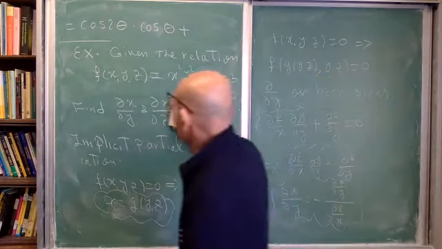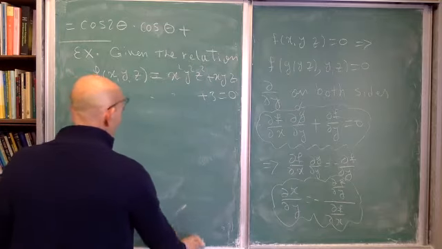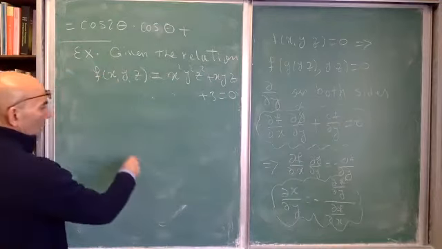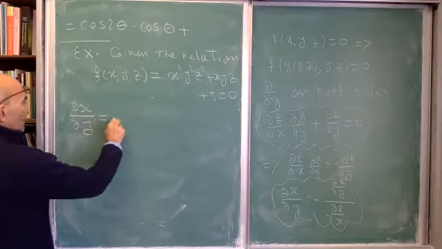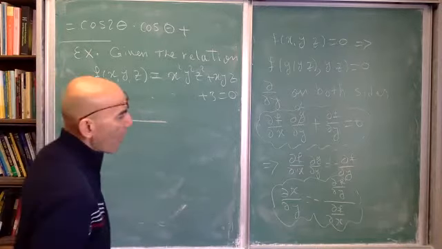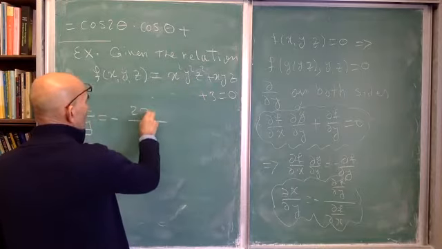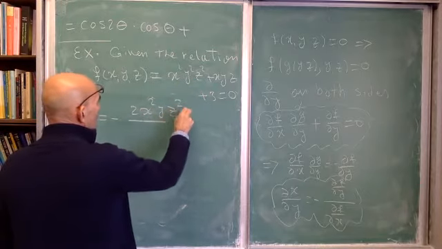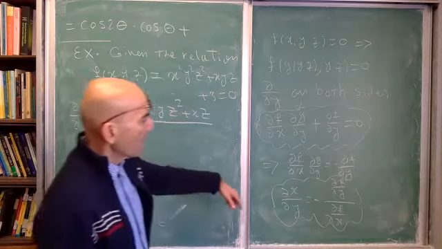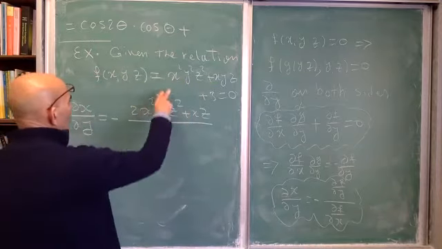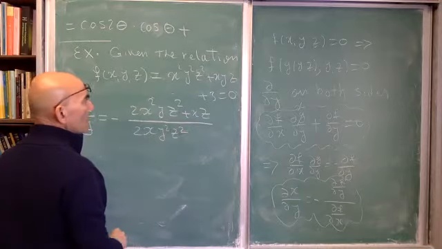So in the problem, I can just say, it turns out that dx dy is equal to negative df dy, of this guy with respect to y, it's 2x^2 y z^2 plus xz, right? df dy divided by df dx, 2x y^2 z^2 plus yz.